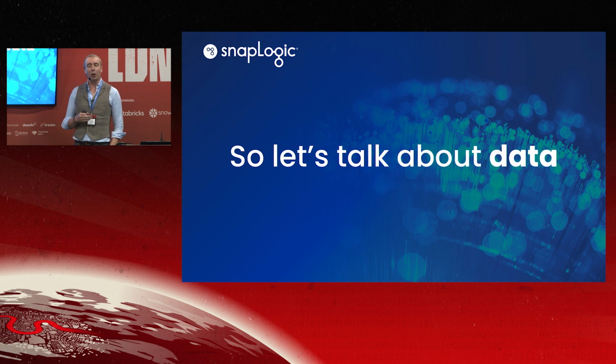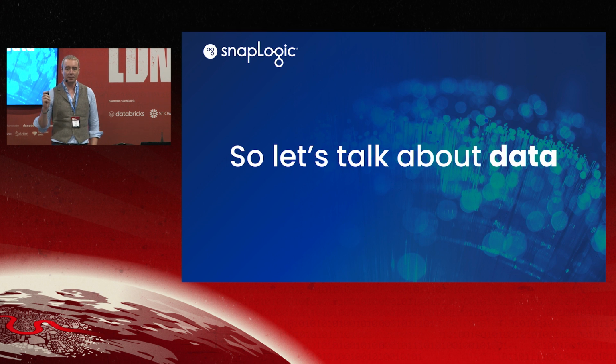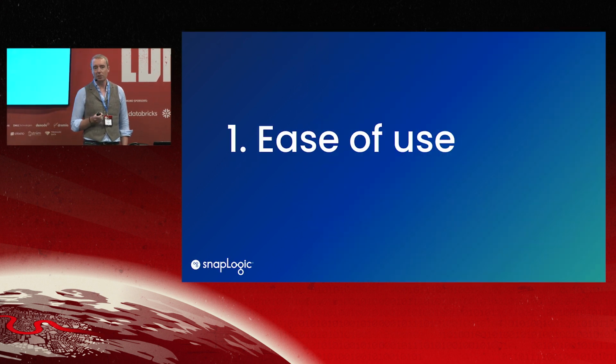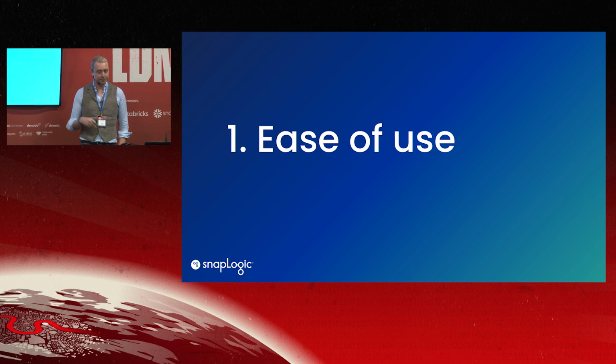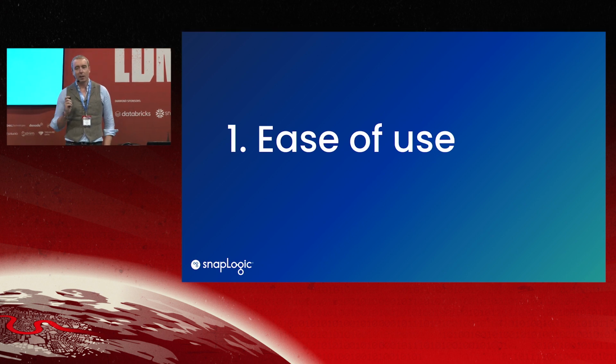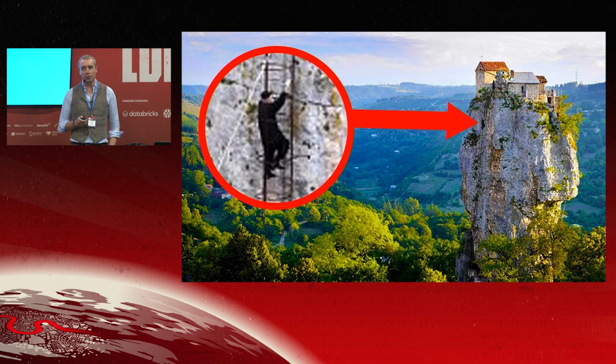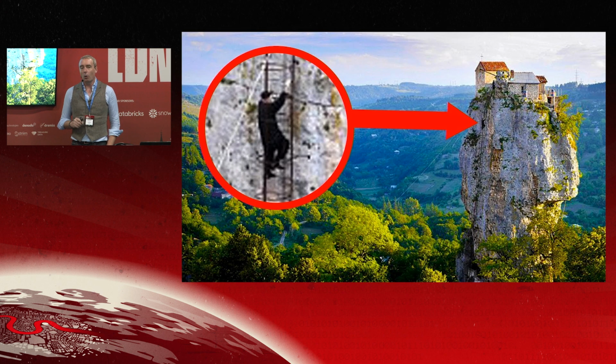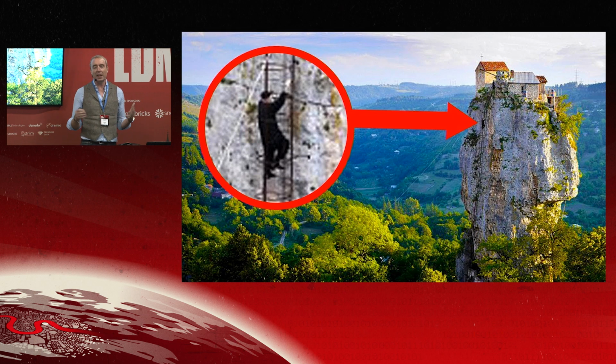So let's bring that nice little history lesson back home and talk about data. How does increasing the ease of use of data change things? Well, a lot of organizations that we talk to look something like this. One team had a particular requirement, a particular need, and they gathered a bunch of data, and they bought or built tooling in order to work with that particular set of data.